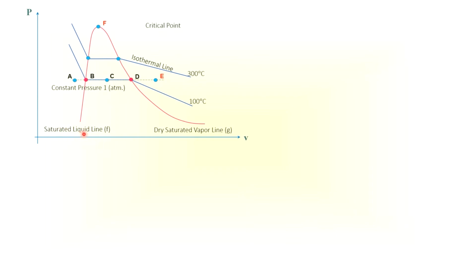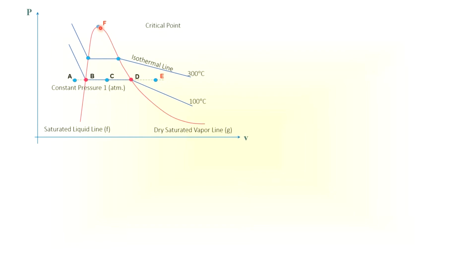This condition of the substance is what we call the saturated liquid form. When you see anything with the subscript G, that means Vg, Ug, Hg, Sg, the substance is in the dry saturated condition.